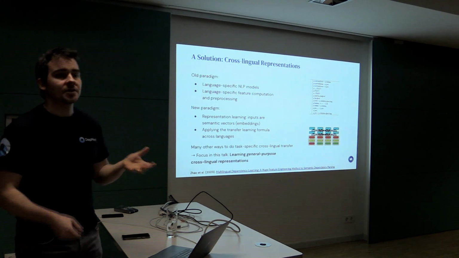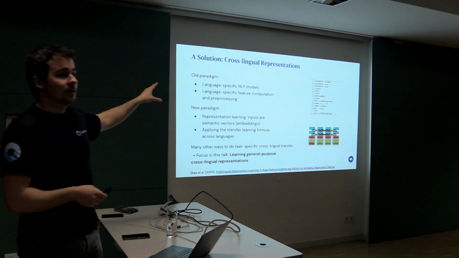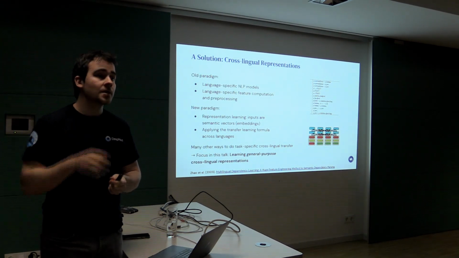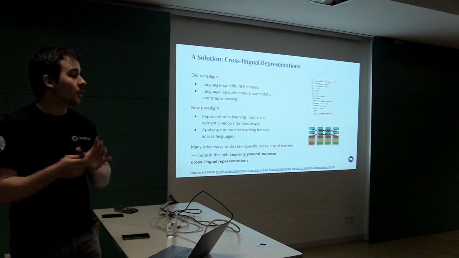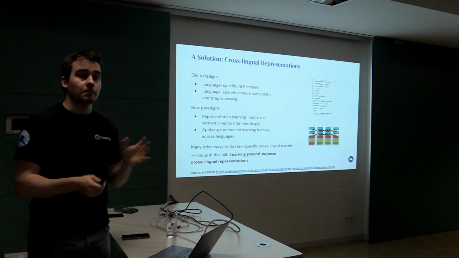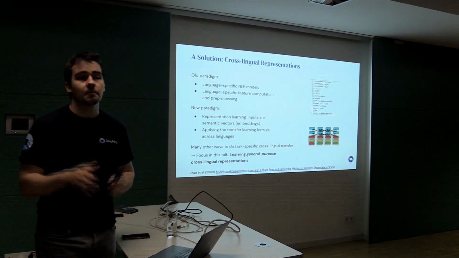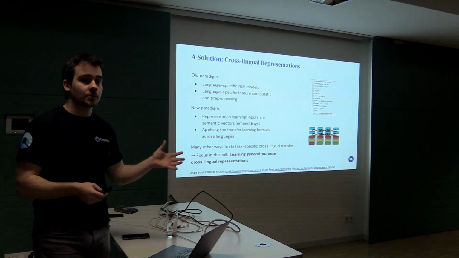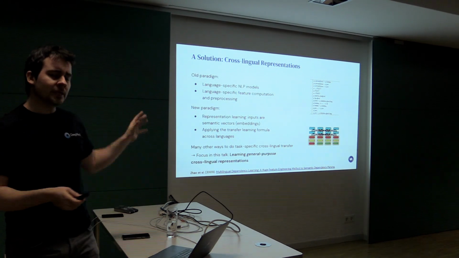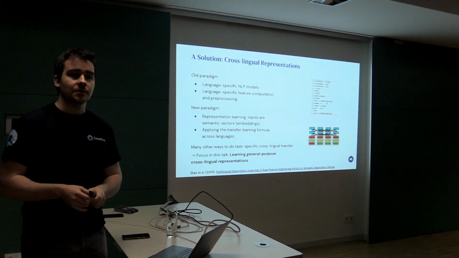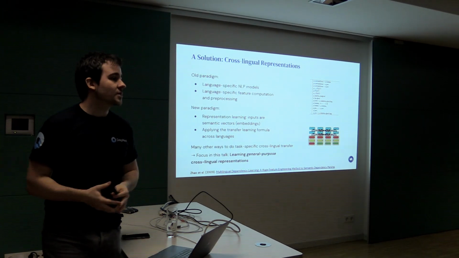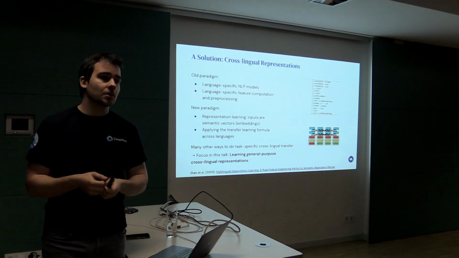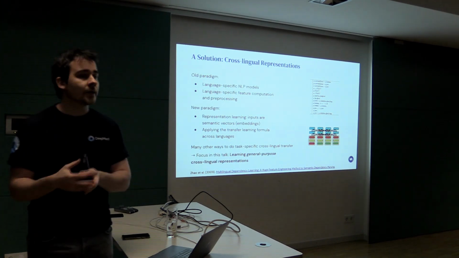Just as a disclaimer, I'm mentioning that language-specific models were most frequent previously, but there's already been a lot of research on cross-lingual transfer pre-neural networks as well, and there are alternative ways to do this sort of cross-lingual transfer rather than just learning representations, with the main difference being that these cross-lingual representations that the models are trying to learn are generally thought to be general purpose, so that they're not geared to one particular task, but can be applied to many different downstream tasks.